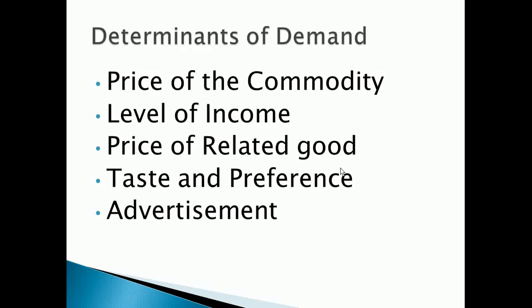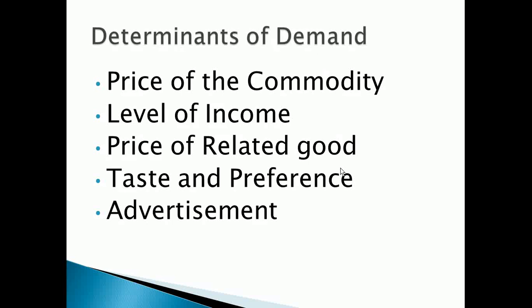But when a crate of eggs is 35 pula, 30 pula, an individual may decide to buy 6, 5, or 4. In other words, an individual can increase the quantity he or she is purchasing. So the price of the commodity is a great determinant of what somebody will purchase in an economy.